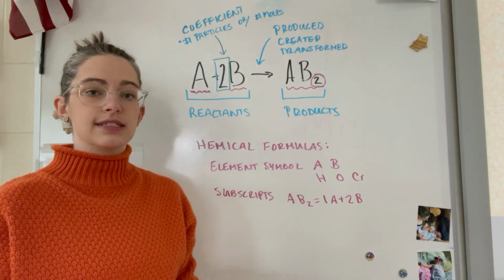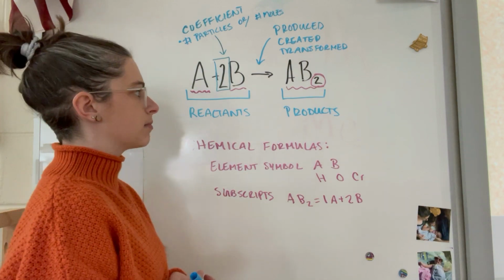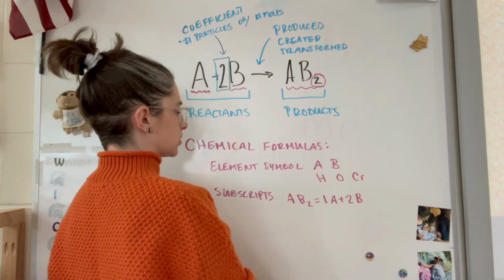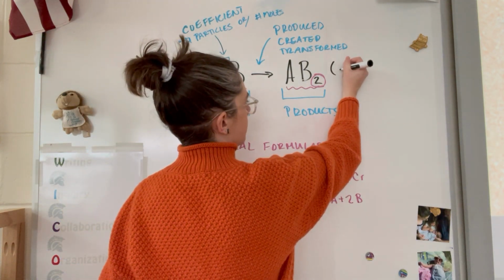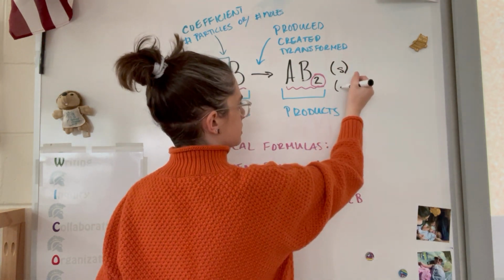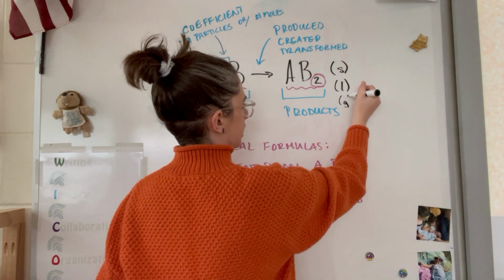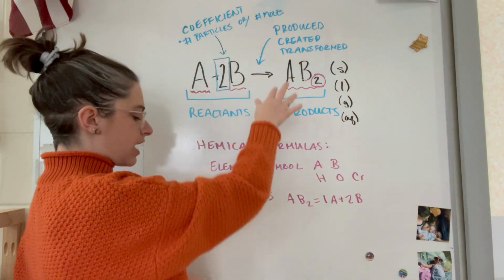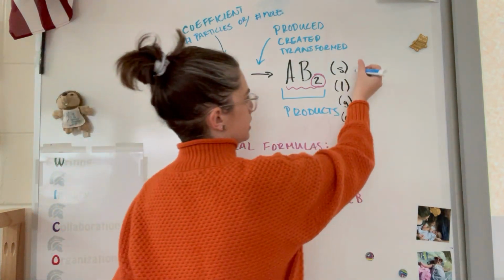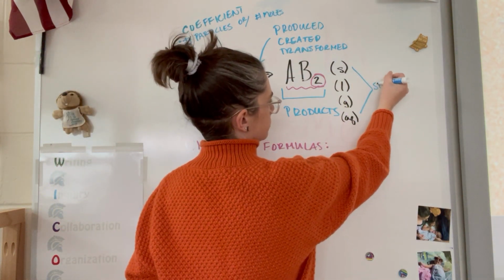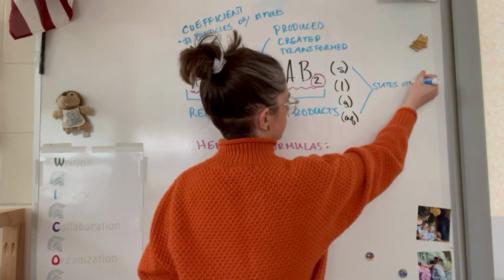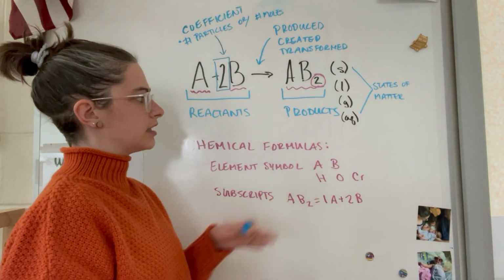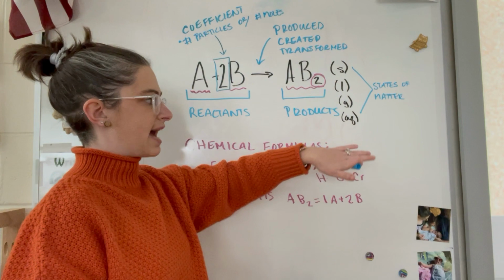The last piece is that oftentimes you'll see included in chemical reaction equations a symbol after the chemical formula. That might be an S in parentheses, an L, a G, or an AQ. If you've got any of those symbols after, these tell us the states of matter. S would be solid, L would be liquid, G would be gas.